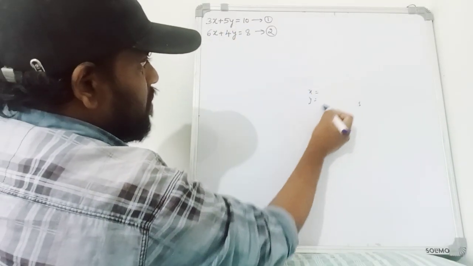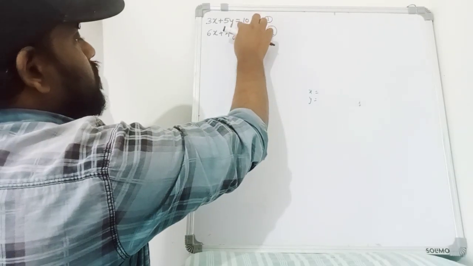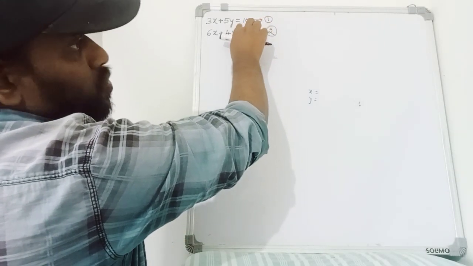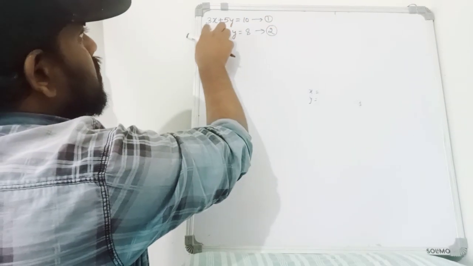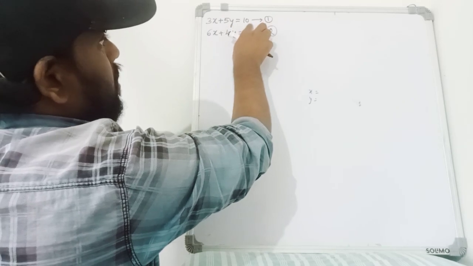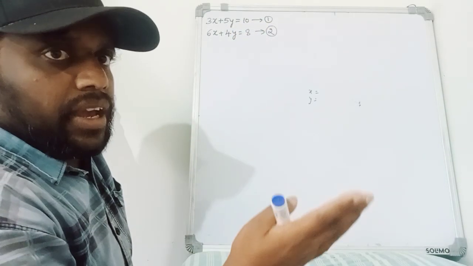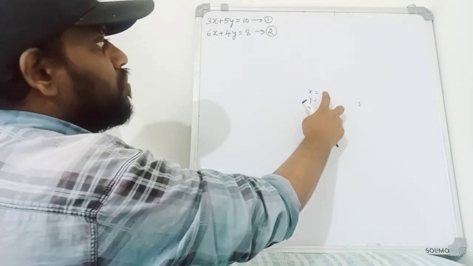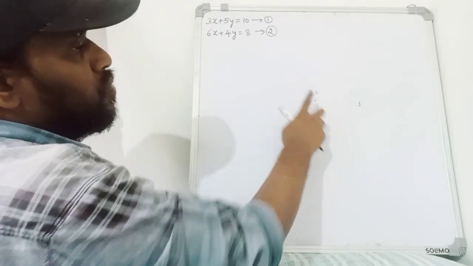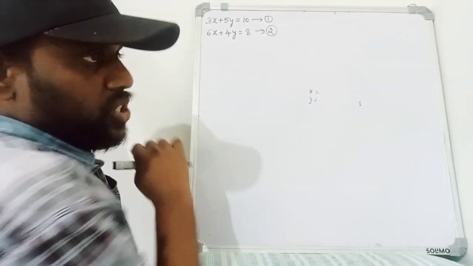Similarly, if you take the same x and y values and substitute in this equation, it should get satisfied. That means this LHS should be equal to this RHS.